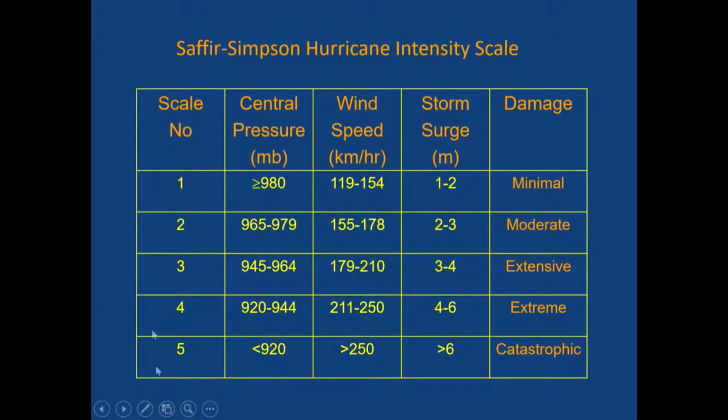Mainly the Saffir-Simpson scale reaching number 5 represents the super cyclonic situation. When it is a super cyclone, then central pressure will be less than 920 millibars, wind speed will be greater than 250 kilometers per hour, and storm surge will be greater than 6 meters, and the devastation will be catastrophic.